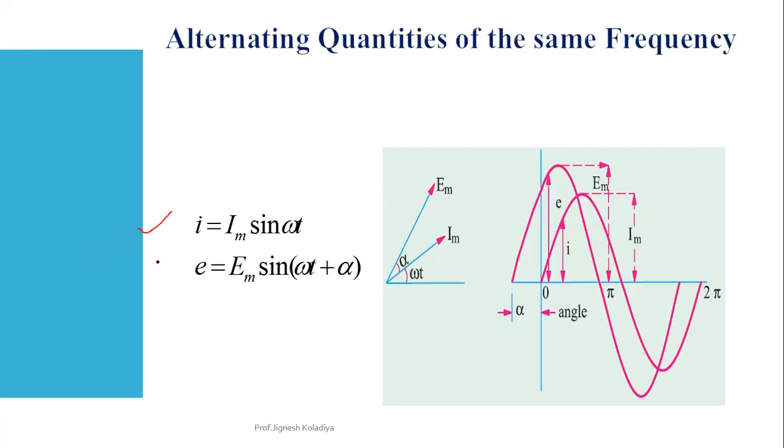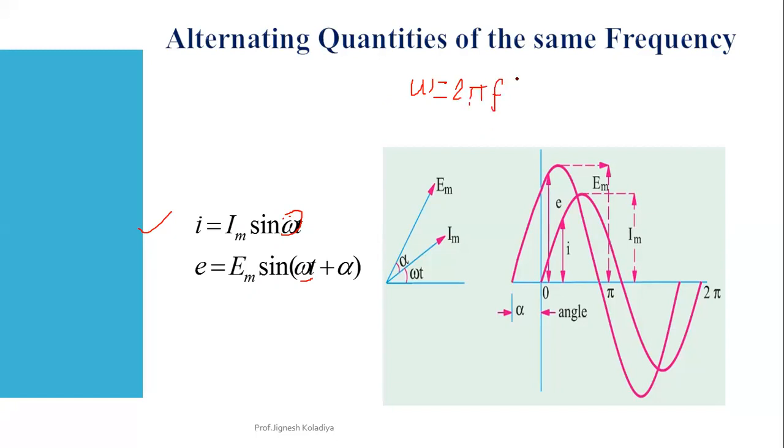Second one is E equal to Em sine omega t plus alpha, that is voltage. How can we say the frequency of both equations is the same? You can see this omega, and here also it is omega, and we know omega is equal to 2 pi f.